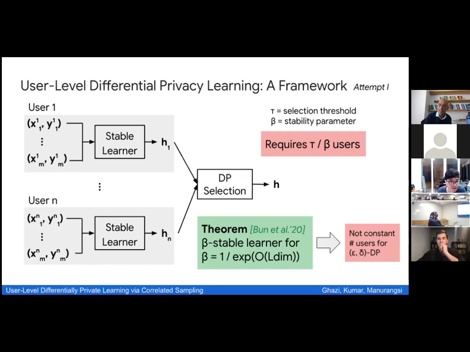Is another problem with this, other than the number of users, that the selection is only guaranteed to find some hypothesis that occurs at least t over 2 times, and it need not be H star? Yeah. So this is something that we have to work a little bit in the paper, but I'm ignoring this accuracy concern here.